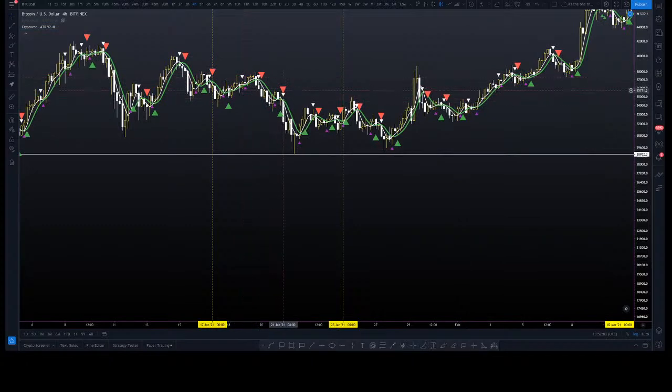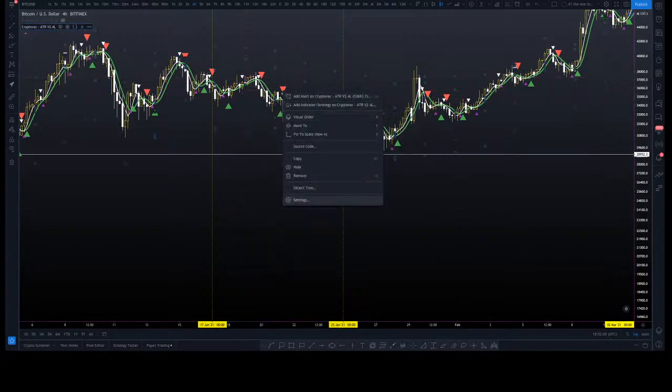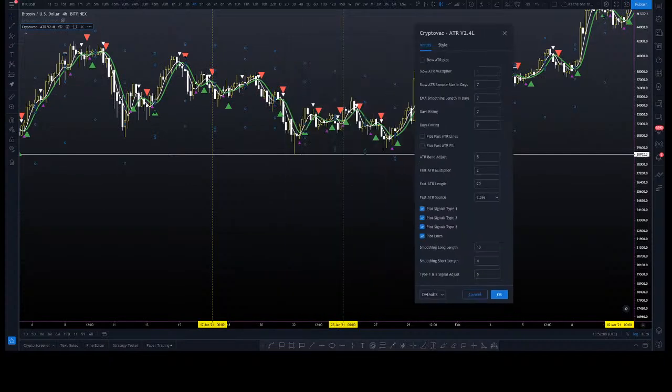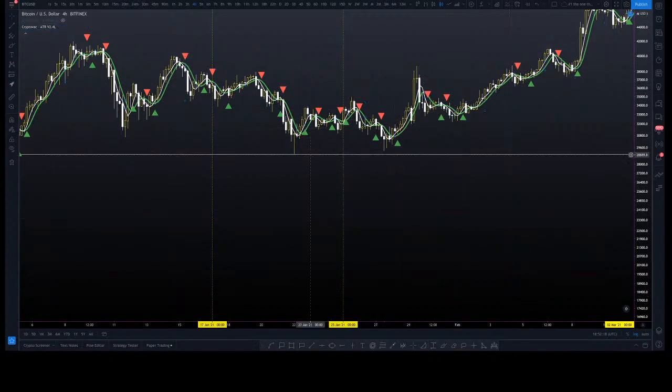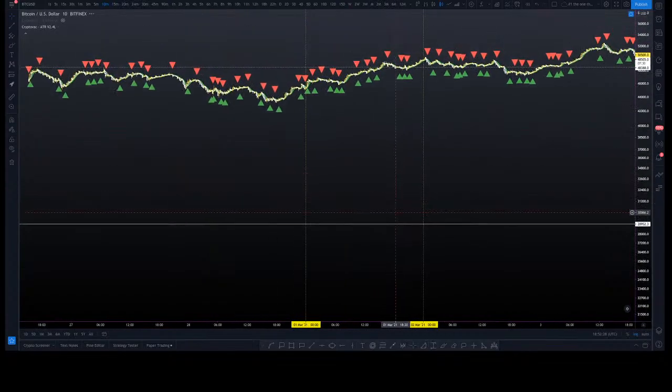So I find that's just a little too much noise. So I turn them off. And all that's left to me is a better signal. Now, in the really short time frames, I really like this because it gives you some pretty nice indications of where it's going.